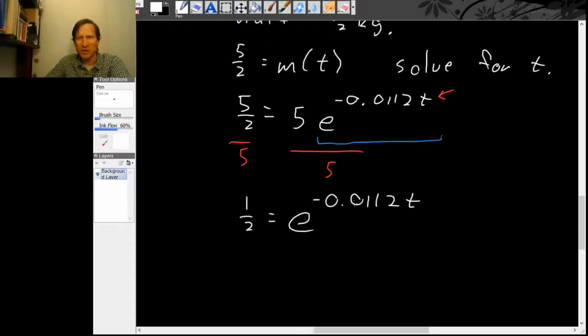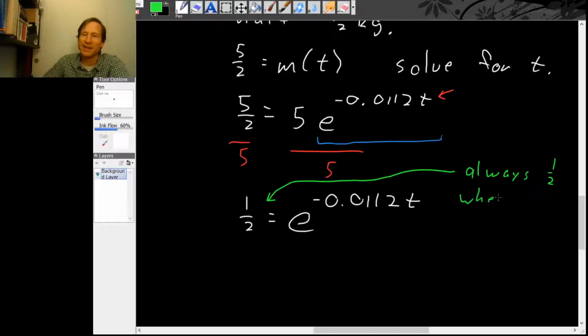But before we do, just let me point out that it actually didn't matter what mass we started with. Whatever mass we started with, once we isolated the exponential part, we would have ended up with a 1/2 on the left here. So this is always a 1/2 right here when we're looking for half of the starting mass.